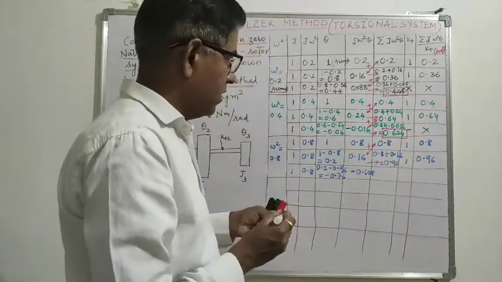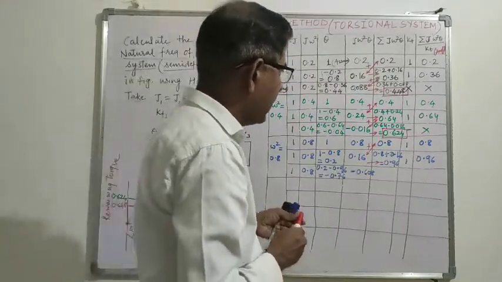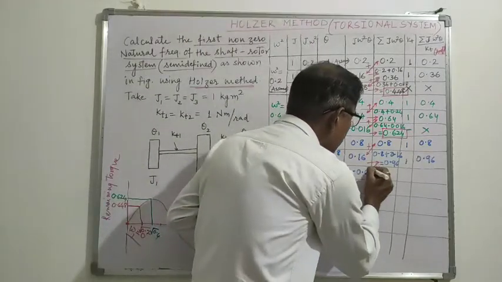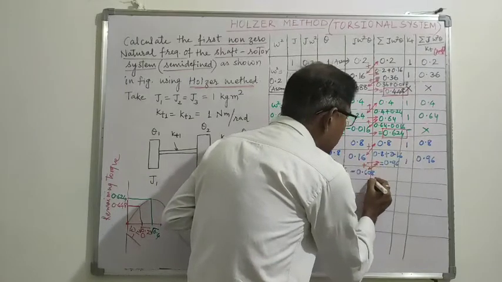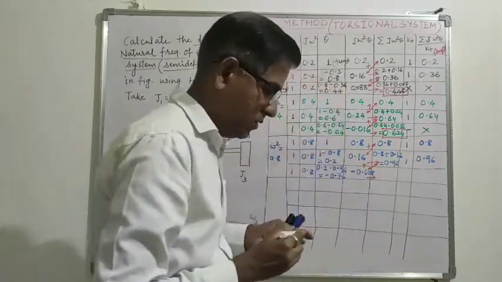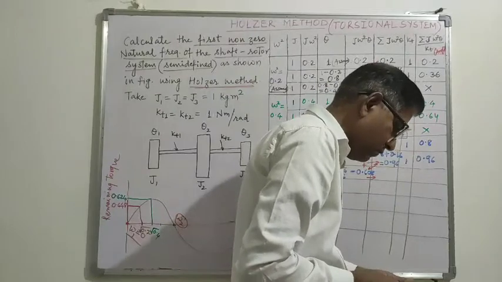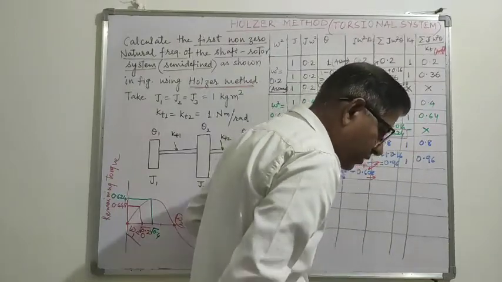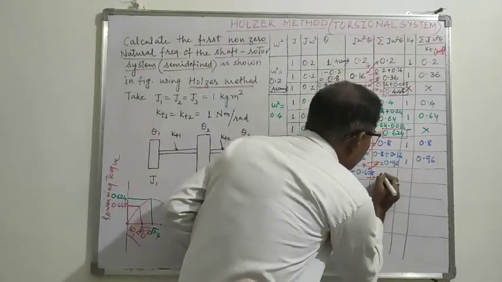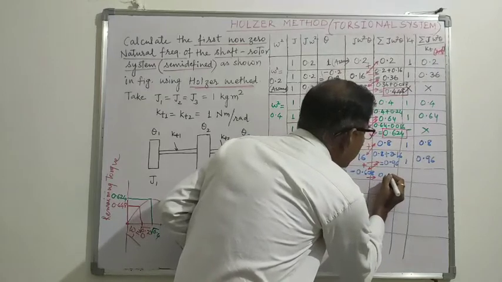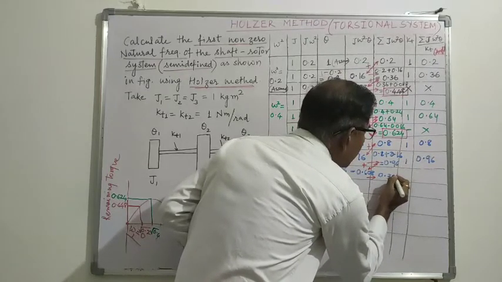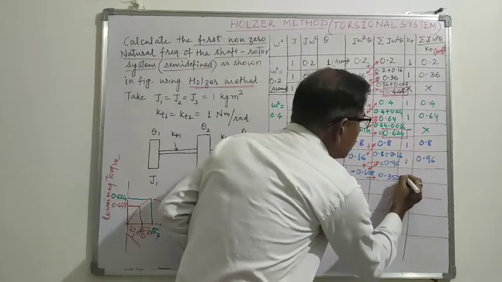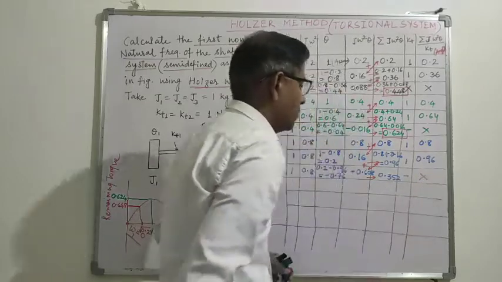Okay, now add these two values and write down over here. So this will give the answer as 0.352.